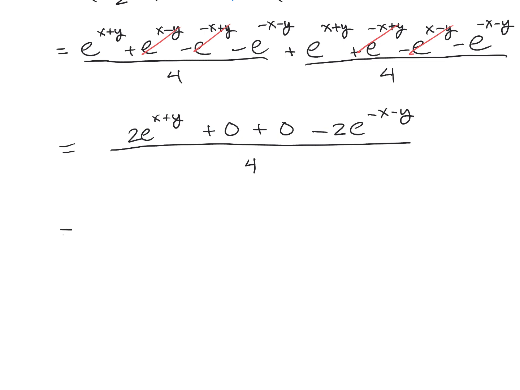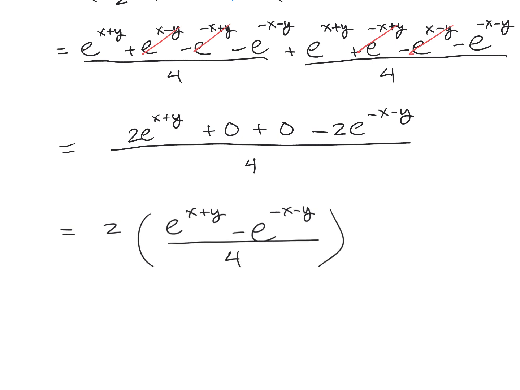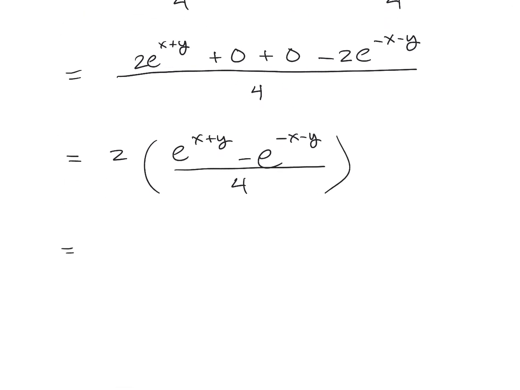And we will now notice that we can factor out a 2. So that's going to be e to the x plus y minus e to the negative x minus y over 4, which then simplifies into e to the x plus y. Then back here, we can rewrite this as e to the negative x minus y.